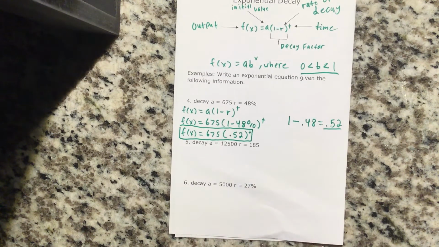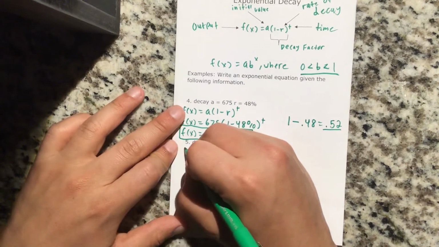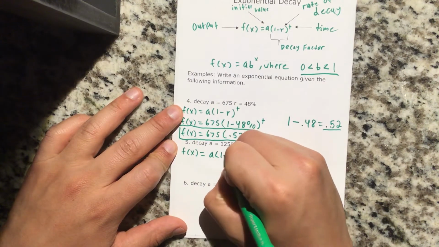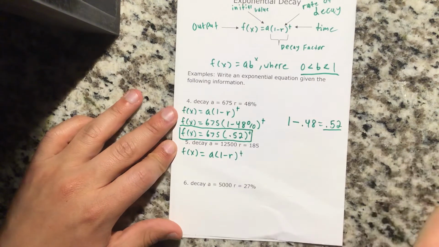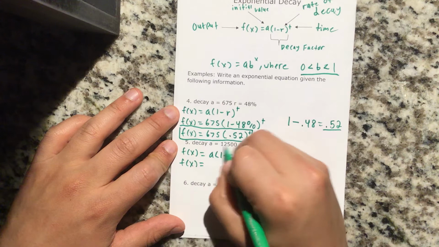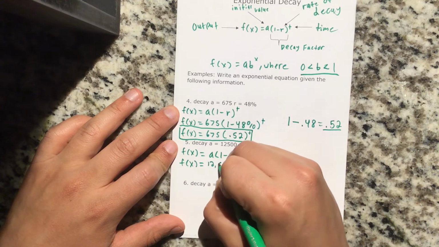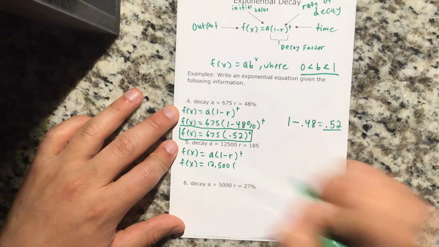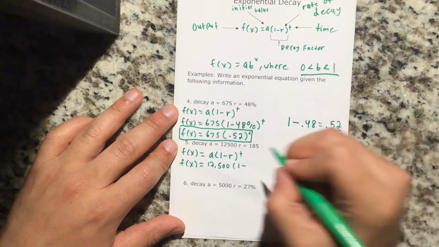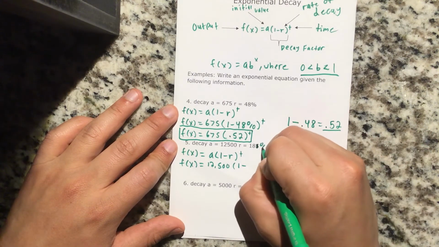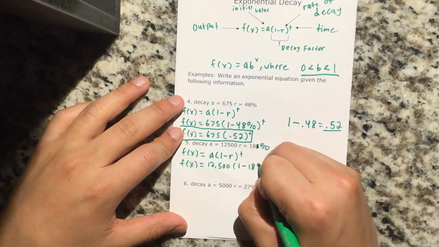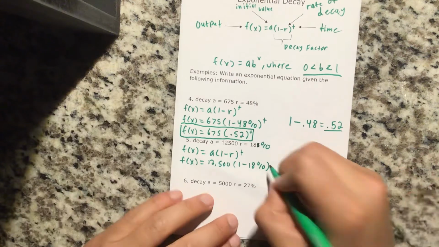Number 5, same thing. So we do f of x equals a times 1 minus r to the t, since it's a decay. Plug in what we have. F of x equals, my a is a big number, 12,500, times 1 minus that should be 18%. Let's change that. Okay, 18%, so 1 minus 18% to the t power.